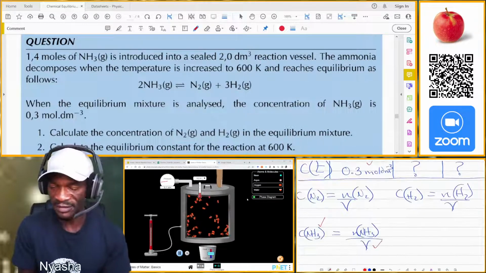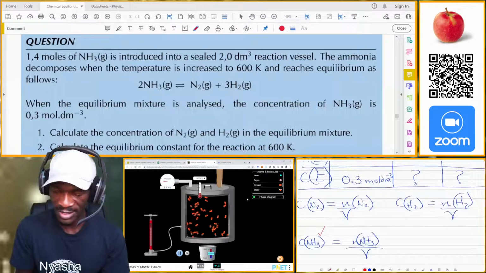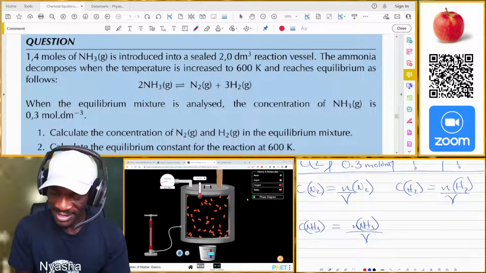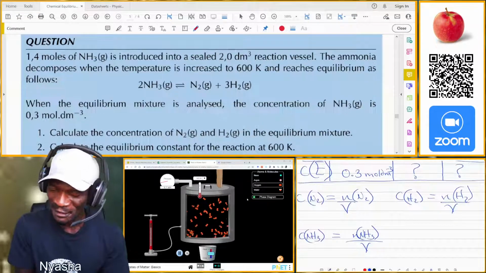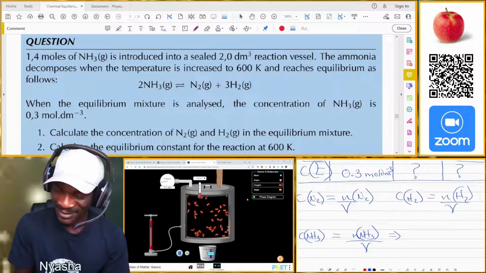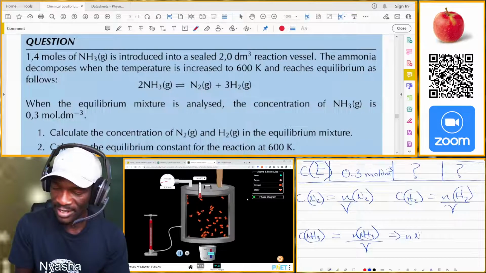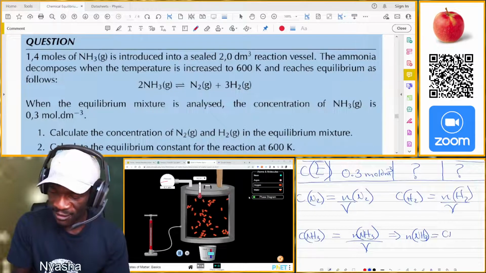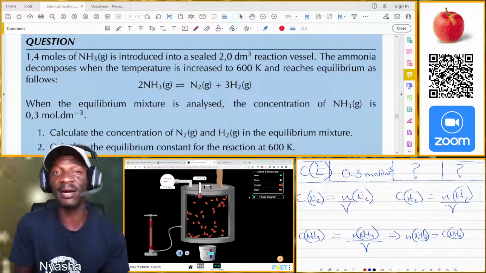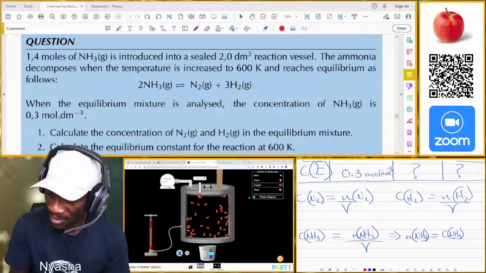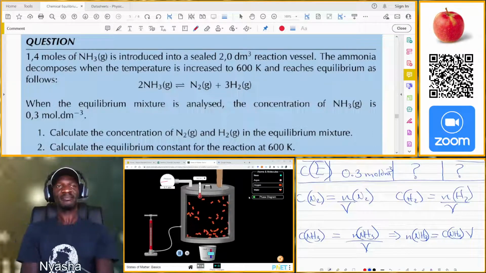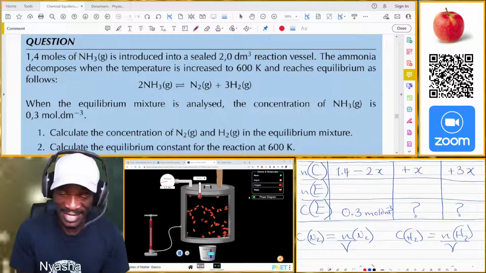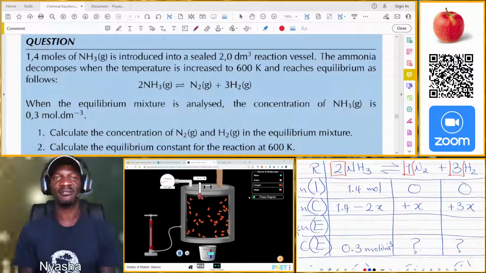This volume is given, we've already seen that. So from this equation, this implies that the number of moles of NH3 is equal to the concentration of NH3 at equilibrium multiplied by the volume. That is the number of moles at equilibrium, which is that part of the Rice diagram.